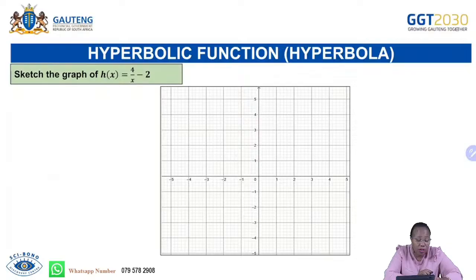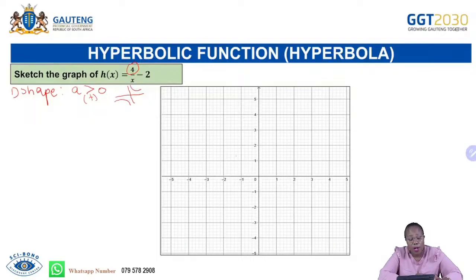With the same method, grade 12, number 1, you always identify your shape for all functions. The shape depends on the value of a, which is positive, greater than 0. If that is the case, your hyperbola will be in quadrants 1 and 3, where a is positive.